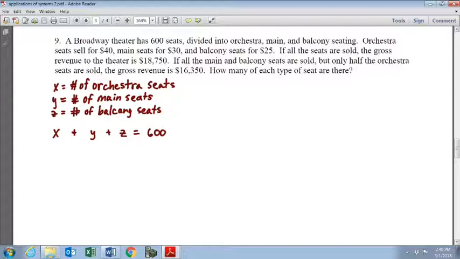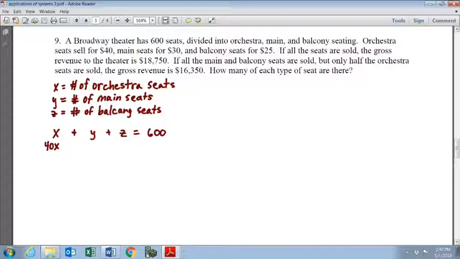Next it says if they're all sold, the revenue is $18,750. Well, X is the number of orchestra seats, and for each of those we make $40. So 40 times X is the amount collected as revenue for selling those X seats. If X was 2, 2 times 40 would be $80 collected for those 2 seats.